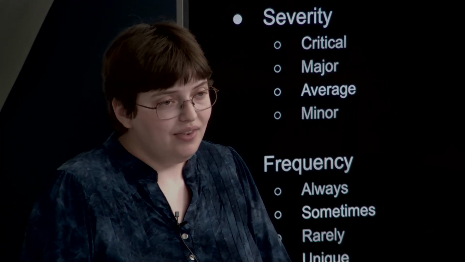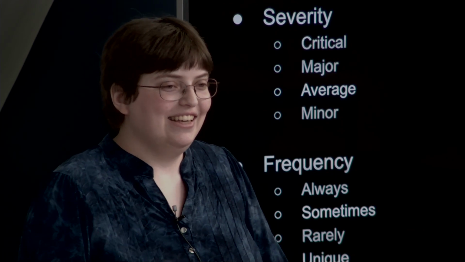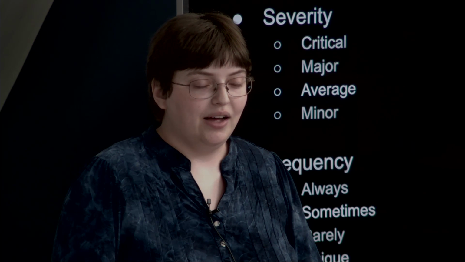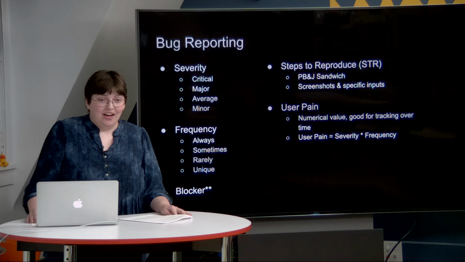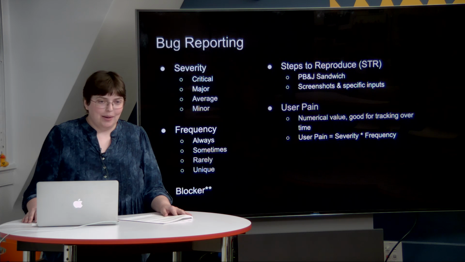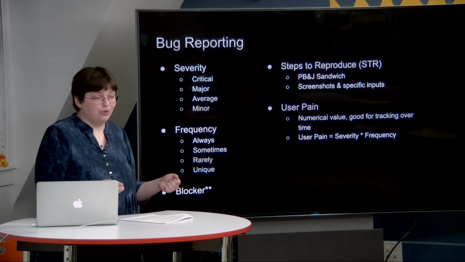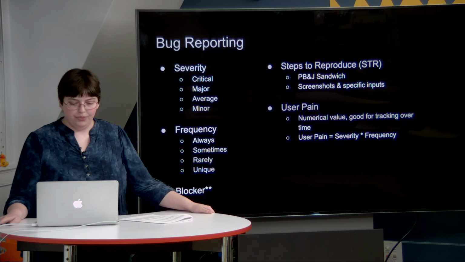When writing a bug, you also need to be very careful to explain it clearly. The PB&J sandwich example from lecture 1 is actually a question I used to ask in interviews because it's very, very important to be able to explain the steps to do something as clearly as possible so that when you hand tests back to the engineer who's going to fix them, they know exactly how to reproduce them and they can isolate where it's happening in code.